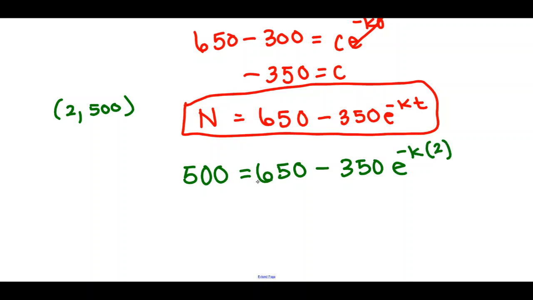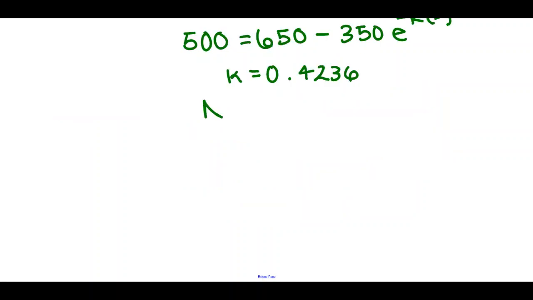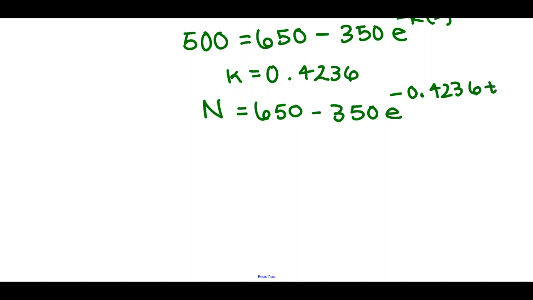You can use the algebra solver on your calculator to solve this. When you do, we get that k equals 0.4236. So the new equation is N equals 650 minus 350 e to the negative 0.4236 t.